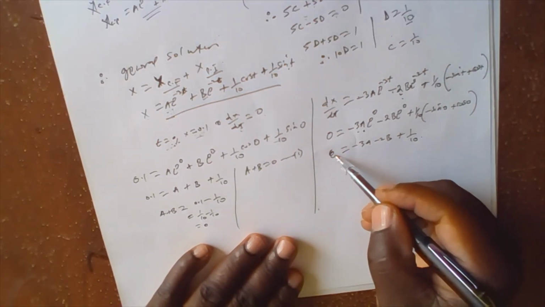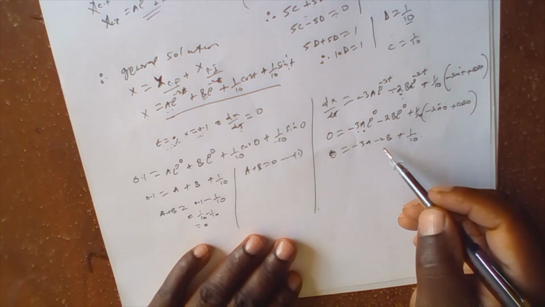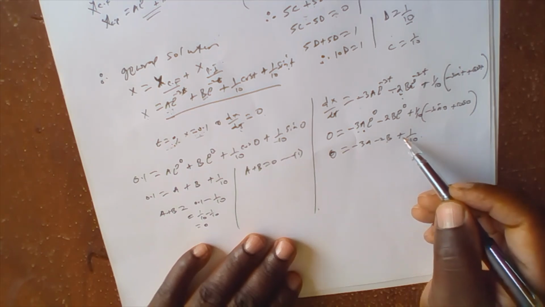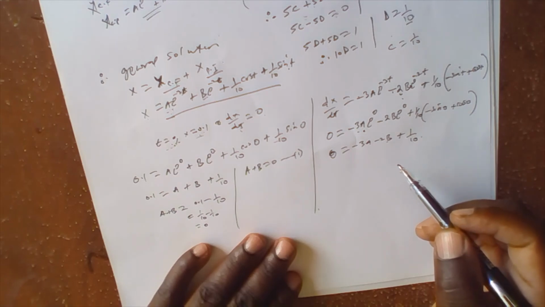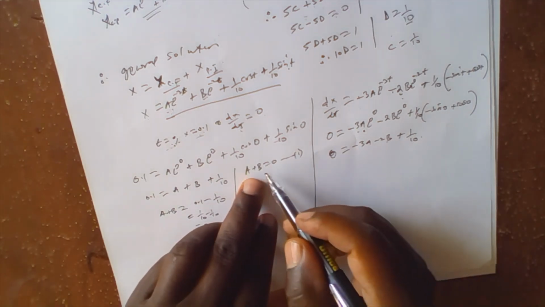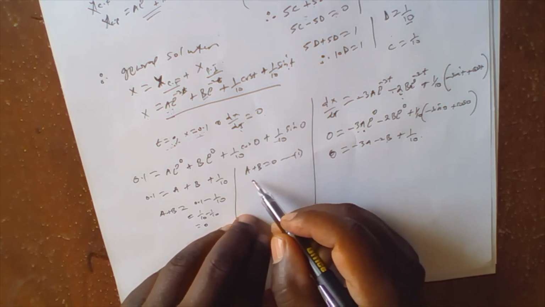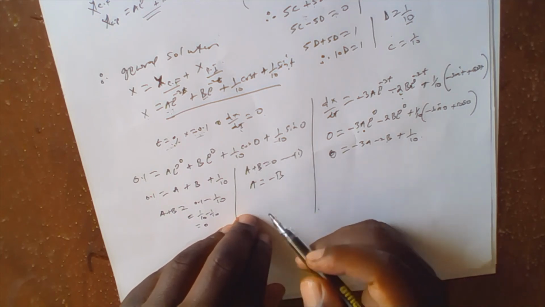So here we have 0 equals minus 3a minus 2b plus 1 all over 10. But from this equation 1, you can see that a plus b equals 0, meaning that a equals minus b.